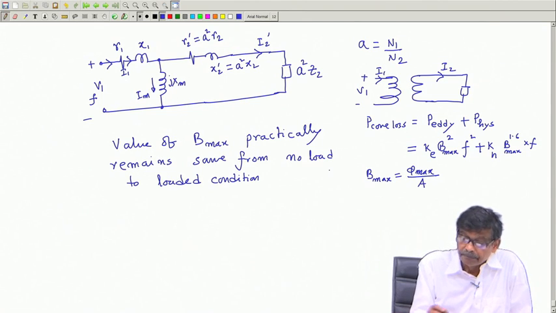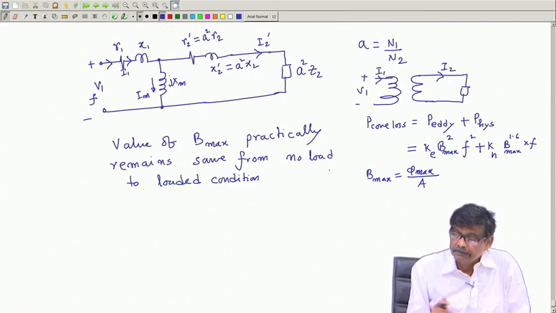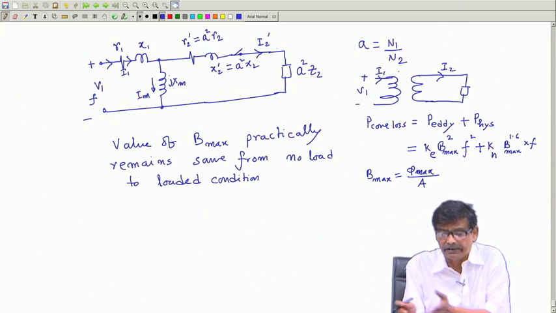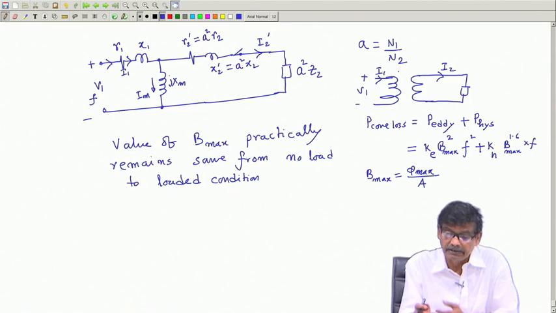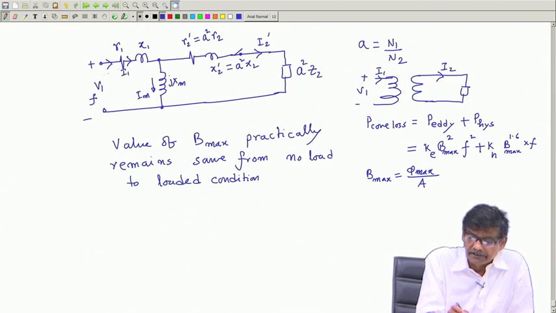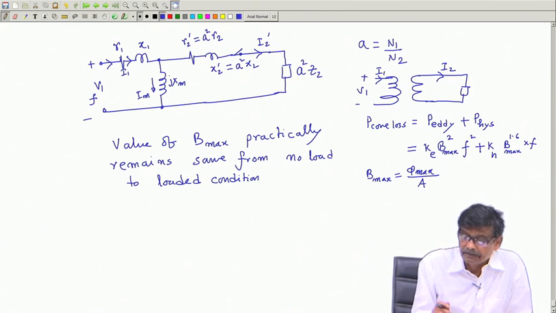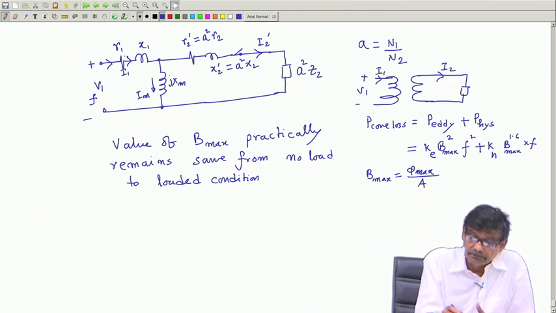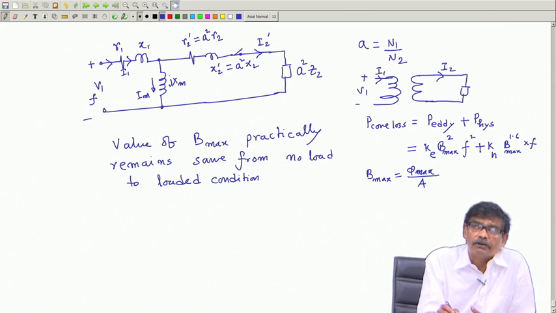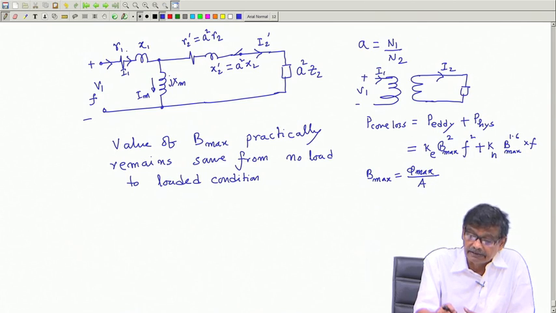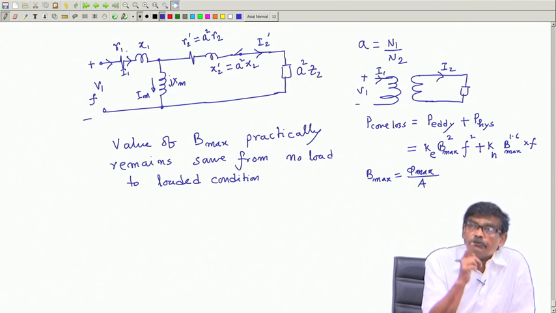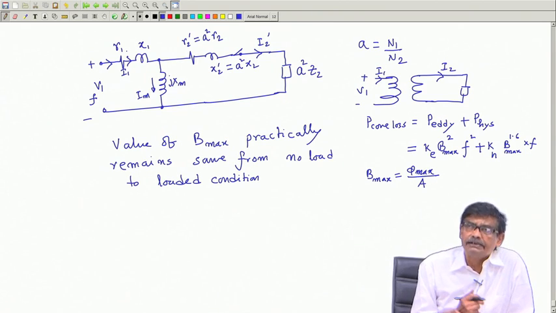Therefore, this voltage will change strictly when no load is connected. Suppose there was no load, so a square Z2 is infinity, here it will be open circuit, then the current drawn will be pretty small. So, this voltage will be this one, but when it is loaded, this current will increase no doubt, but these parameters are small. The drop which will take place here, the voltage across this magnetizing branch Xm will definitely not be equal to V1, but it will only marginally change.